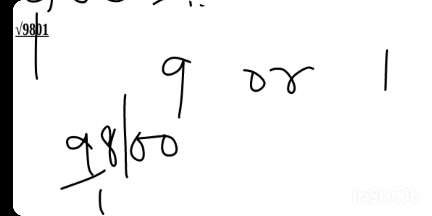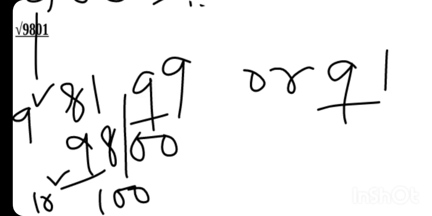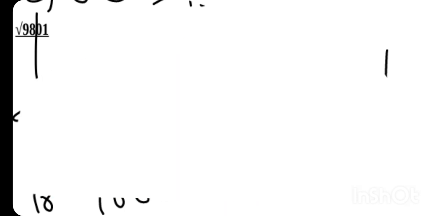Yes, it is 100 and just before it we have 81. That means the number is between 9 square and 10 square. That means the number is between 90 and 100. That means it will be 91 or 99. Okay. So we have the possibility of 99 or 91.